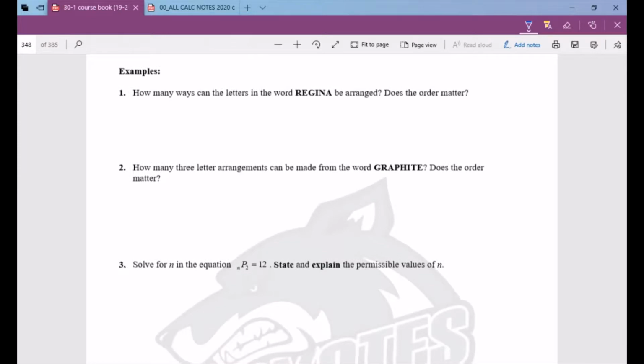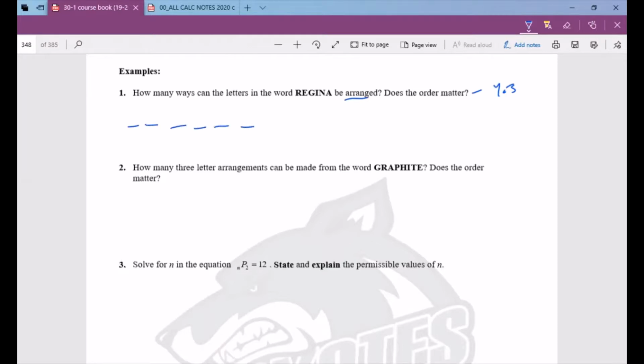So, example 1. How many ways can the letters of the word vagina be arranged? The fact that it's arranging these letters, does the order matter? Yes, it does, because it's an arrangement. Now, whether or not we're using your nPr formula, this is still a permutation.